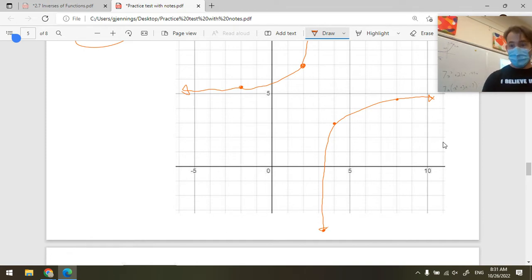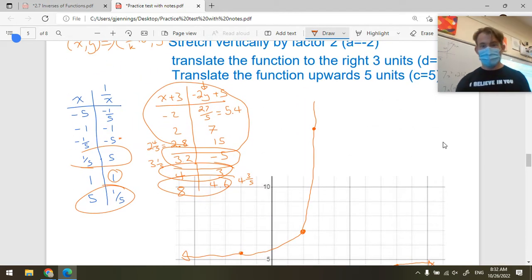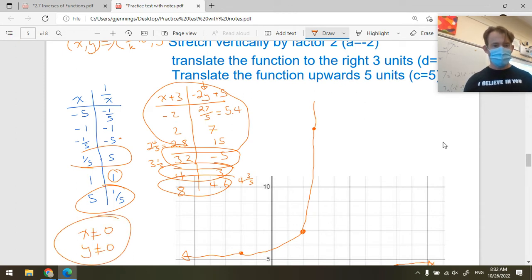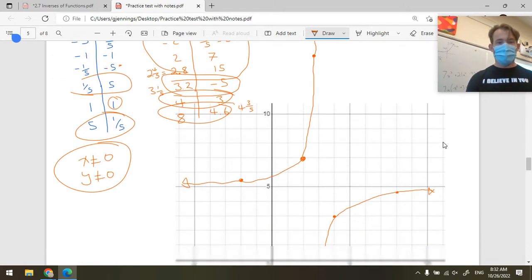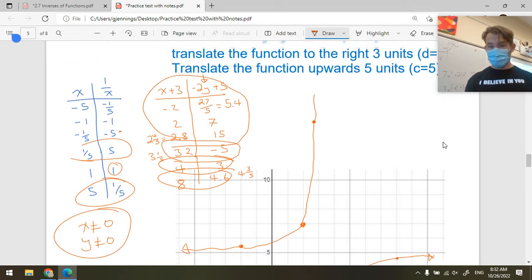That's been graphed. Another thing that you can do with this one here is to remember that the domain and range will also change. So the domain of this one is x is not equal to 0 and y is not equal to 0. These give us our asymptotes for the parent function. With the new function, those asymptotes change according to d and c.